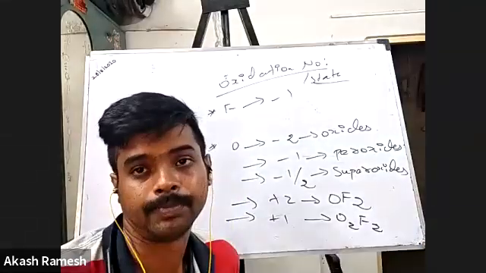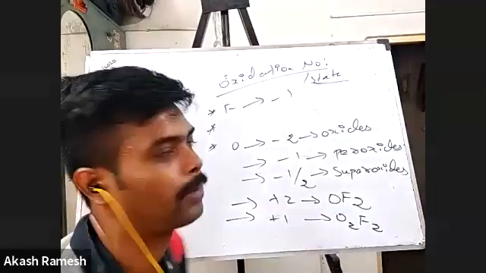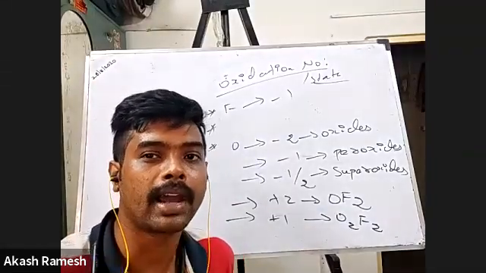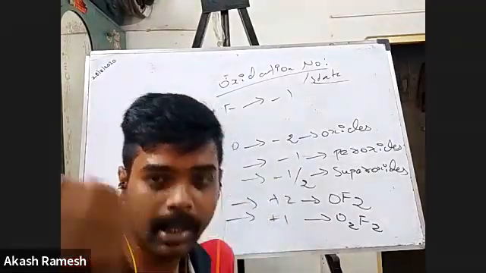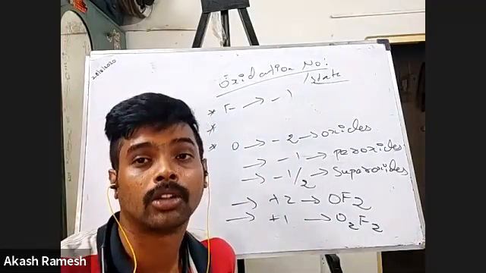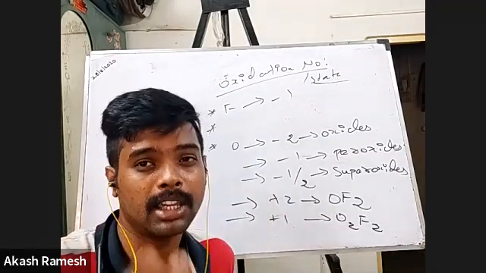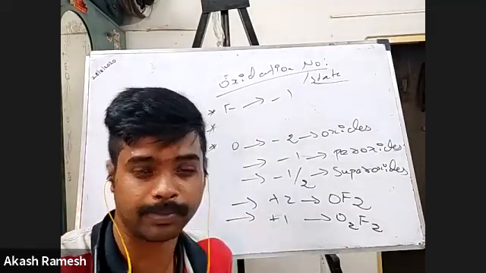So the first thing you have to know is, if I add all the oxidation numbers of all the elements present in a compound, the total oxidation number should be equal to the overall charge possessed by the molecule.